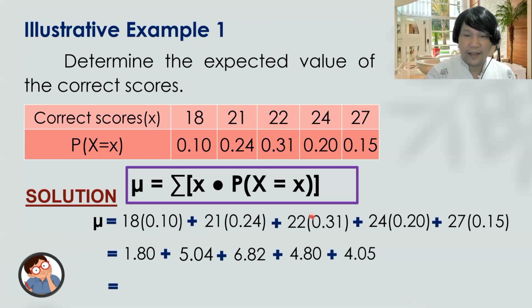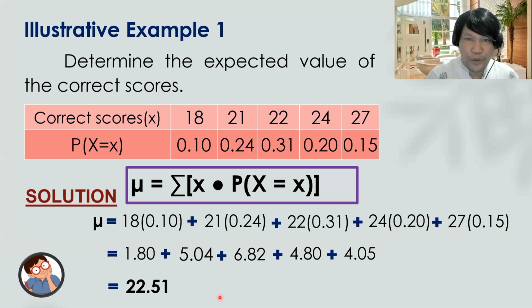And then after that, you have to get the sum. And the sum will be 22.51. Meaning to say, the expected value of the correct scores, or the average or the mean of the given discrete random variables, is equal to 22.51.